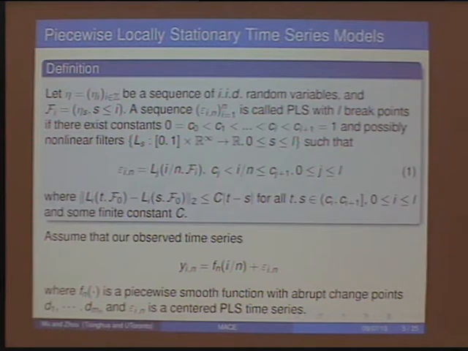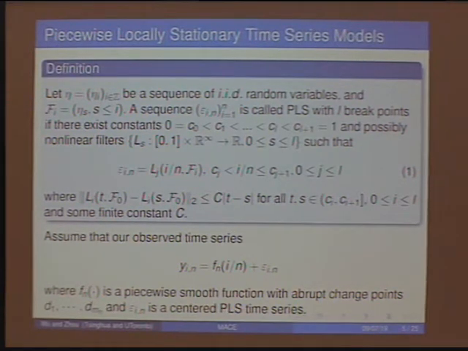That's why in this slide, I will introduce what we call a piecewise locally stationary time series model. I think a lot of you have heard about locally stationary time series models. That's a model which was first proposed in the 1960s and then renewed in the 1990s by Rainer Dahlhaus, and there's quite a lot of work there. Basically, locally stationary time series assumes that the time series data generating mechanism is smoothly changing over time.